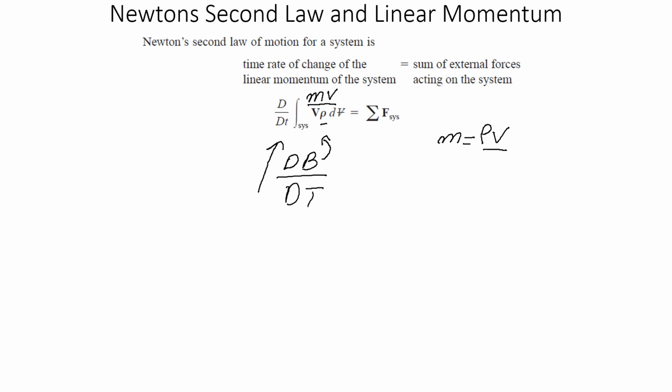So this is our density and volume. So this is the mass term of our momentum, and this is the velocity term of our momentum.